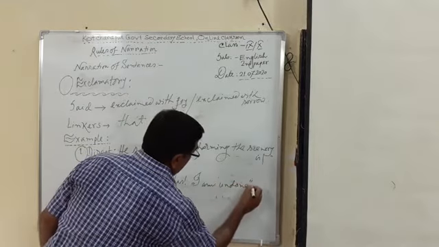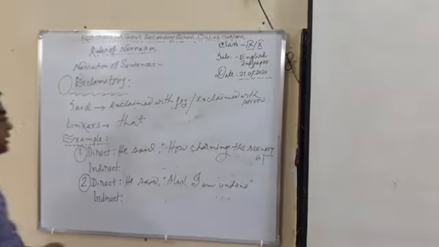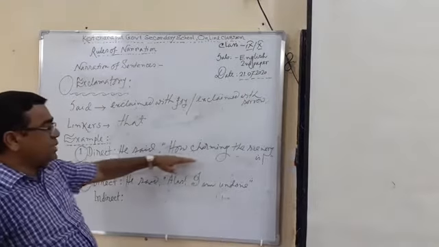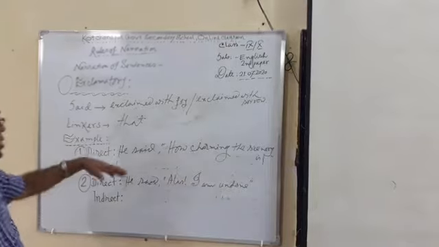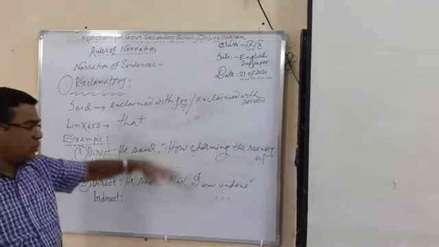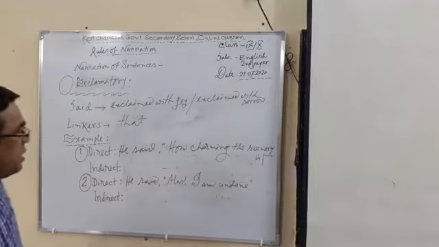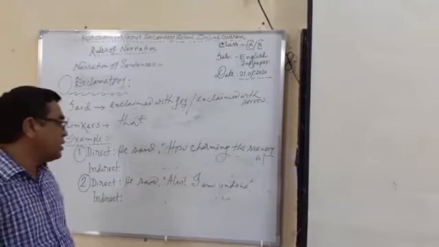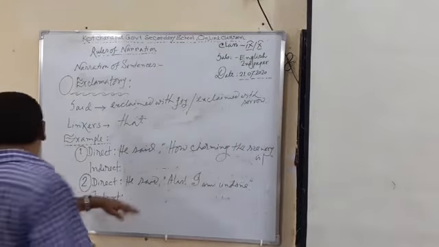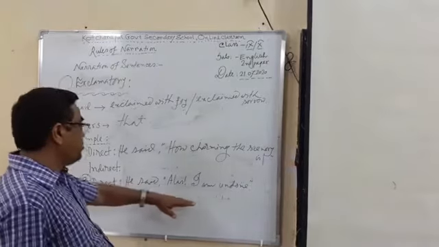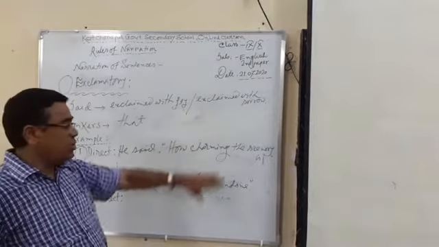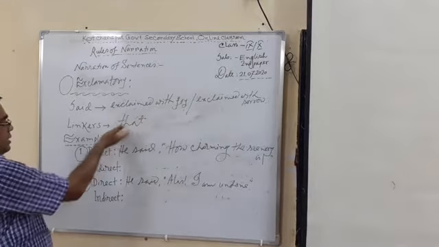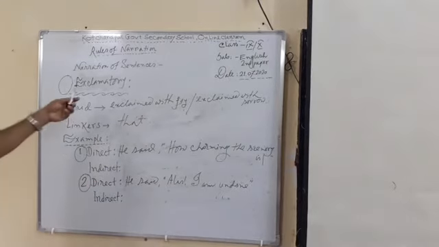Both are exclamatory sentences. So for, he said, how charming the scenery is, we have to use exclaimed with joy because this sentence expresses joy. And for, he said, alas, I am undone, we have to use exclaimed with sorrow. And we use that as a linker in exclamatory sentences.